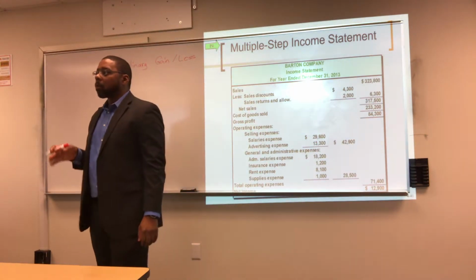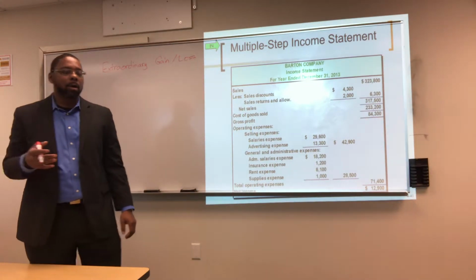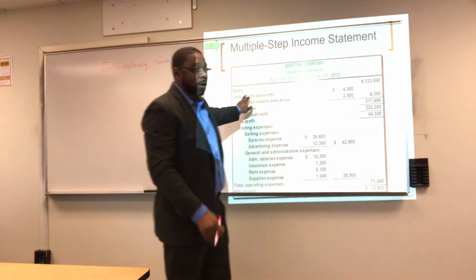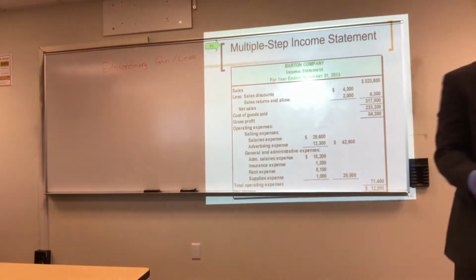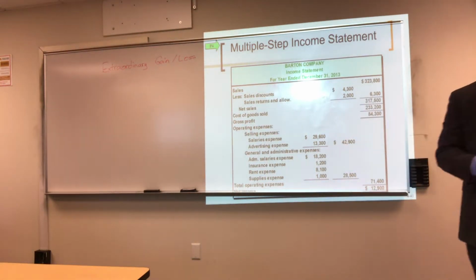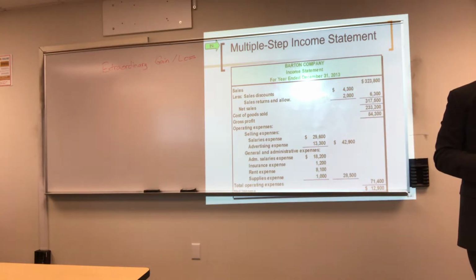Now, these are one-time events, right? They're not your day-to-day operations like up here in sales and cost of goods sold. These are events that happen once. So as far as an extraordinary gain, to give you an example, it's like selling a building. You're only going to sell it once, you made a profit on it, so you have an extraordinary gain.